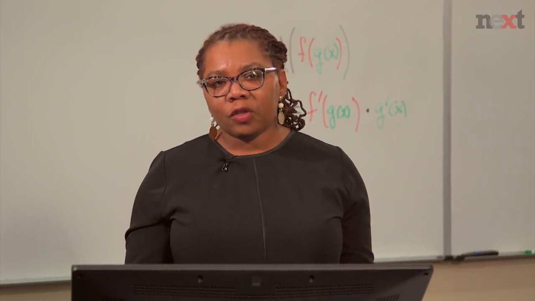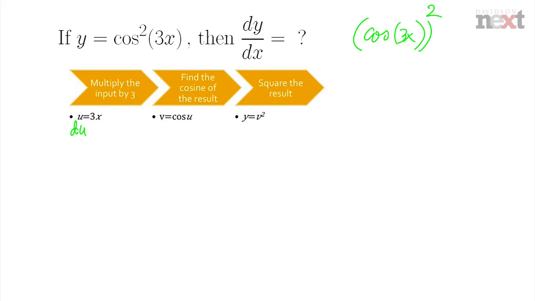Those are our 3 functions. Let's take the derivatives with respect to each variable. So the derivative of u with respect to x, du dx, is equal to 3. The derivative of v with respect to u, dv du, is equal to negative sine u. And the derivative of y with respect to v, dy dv, is equal to 2v.